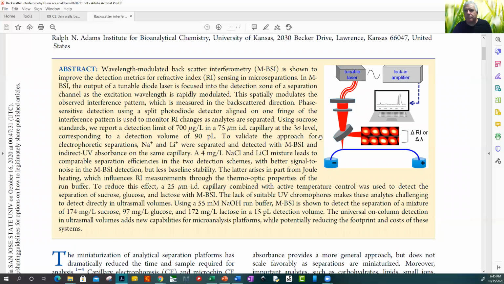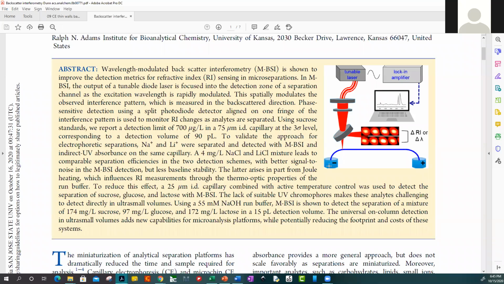This one is probably really comparable, but the capillary might be fairly short. Oh, by the way, this is the injection end and this is the detection end, right? So the analytes flow from the positive to the negative side there.